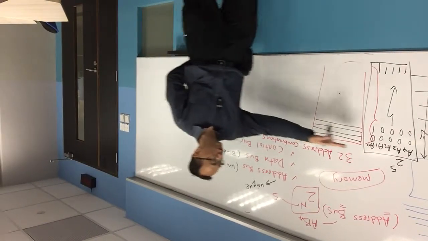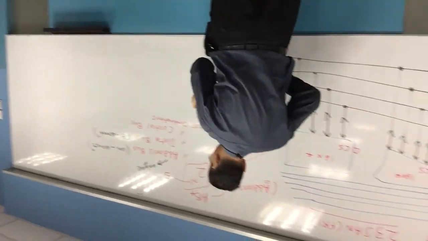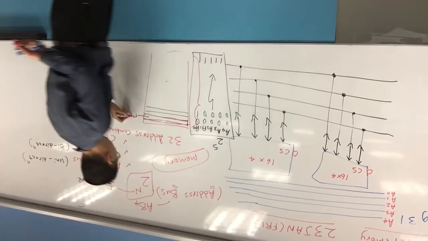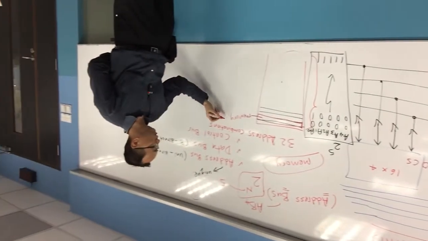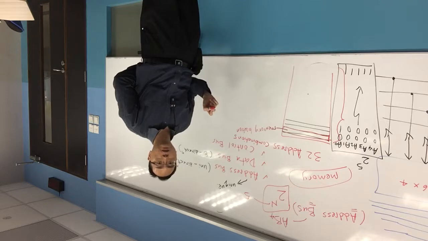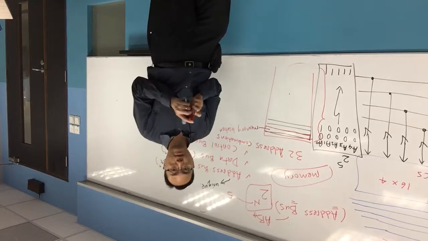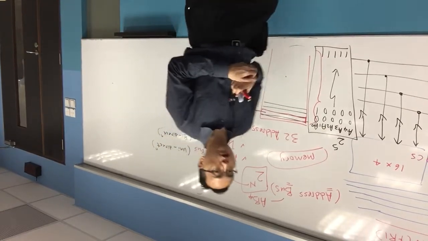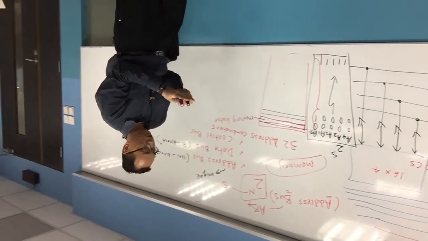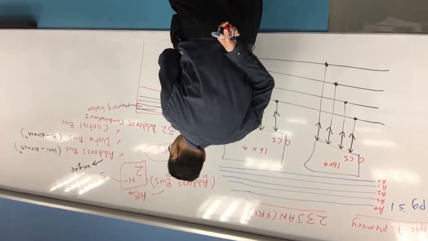32 combinations. Each of these is a memory space, each cell here is a memory location, which is unique. How many data are inside? 4 lines, because my requirement is 32 by 4. So inside this memory, I got 4 bits.